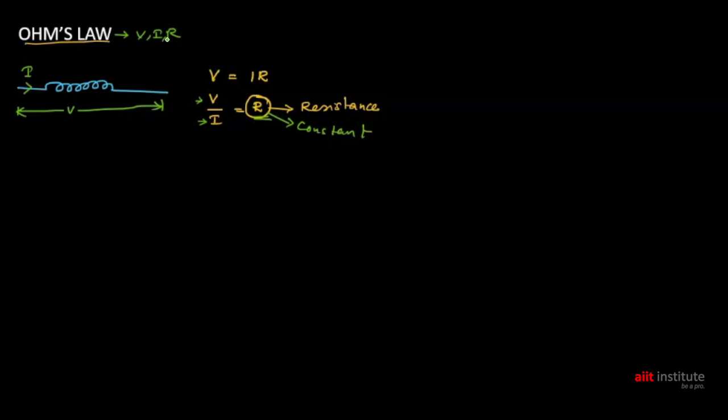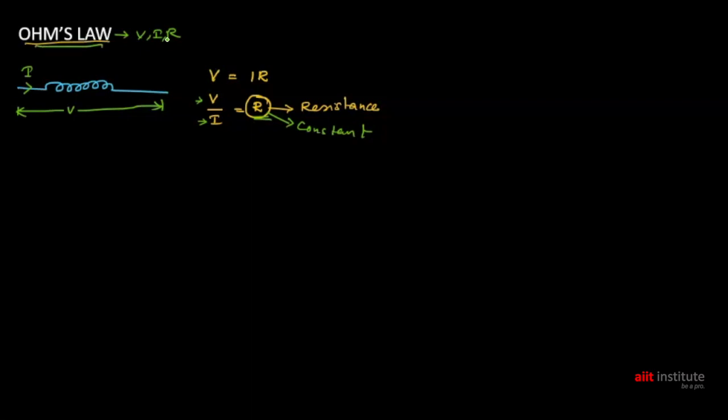That is in an ideal case, but in a practical case, we will not get a constant resistance every time. So if we need to check whether any material or device obeys Ohm's law, what will we check?